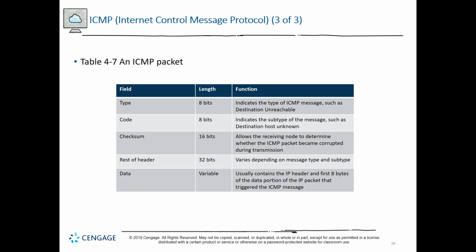The type and the code are the subtype, such as whether the TTL died. For the data, it takes the IP header and portions of that data. It grabs a piece of the packet that died or couldn't be routed and says, here, so you can verify that it really is your packet. How did it die?